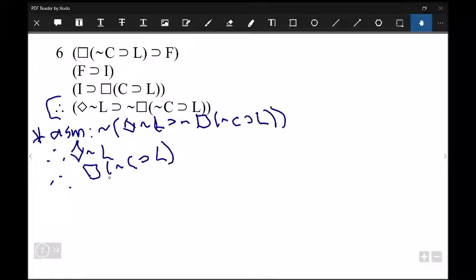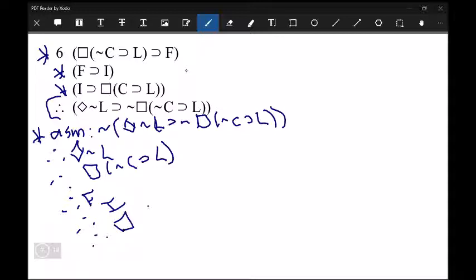So you can say if then, first part's true, therefore second part's true. So you get F and star that, and then F implies I, therefore I, and you get I implies the box thing, therefore the box thing, C implies L.